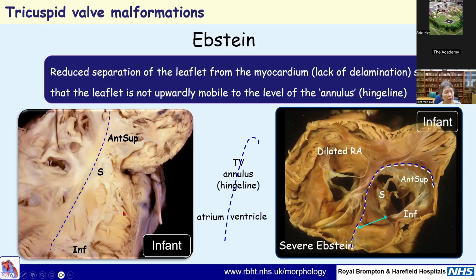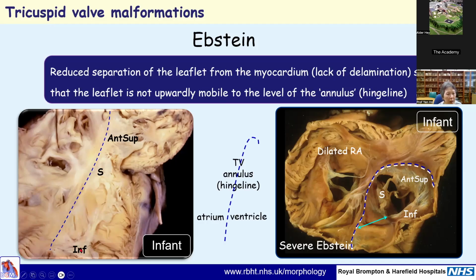So we're saying that although this part of the leaflet is lifted off from the septal surface, this part of the leaflet hasn't. So it's a reduced separation of the leaflet from the myocardium owing to lack of delamination, such that the leaflet itself is not fully mobile up to the level of the atrioventricular junction marked by the dotted line here.